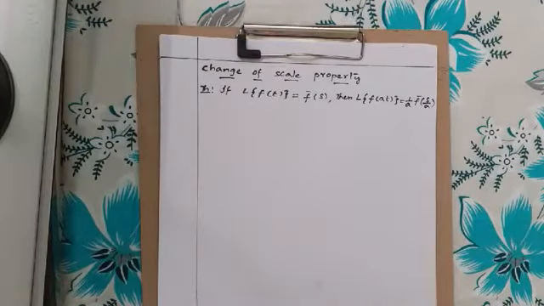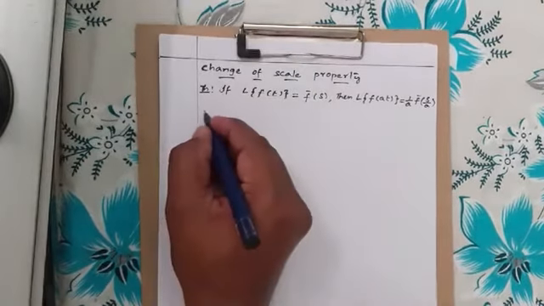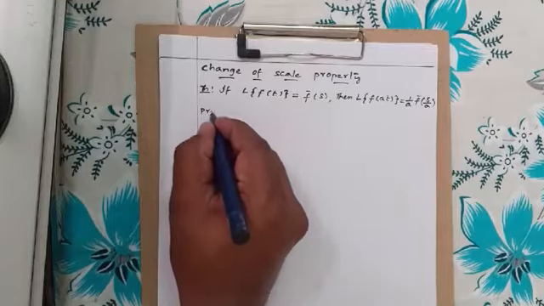This is the statement of change of scale property. Now this is the statement. Now we'll do the proof based on this.